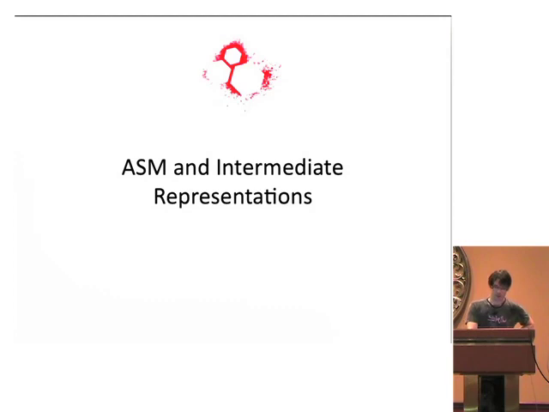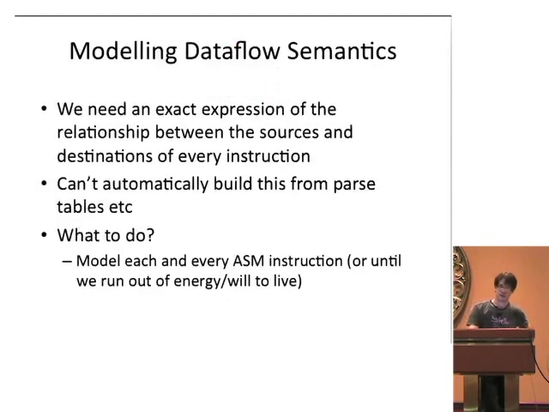So modeling data flow semantics, we can't automatically build this from parse tables, so we're left with the rather annoying choice of modeling each and every instruction in terms of what it means for this operation to be applied to our graph. So we're no longer talking about interpreting an instruction on a CPU, we're talking about interpreting an instruction on our abstract data flow graph, which represents the history of bytes and all that.